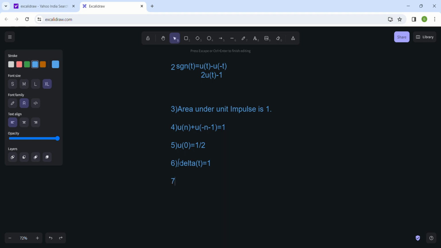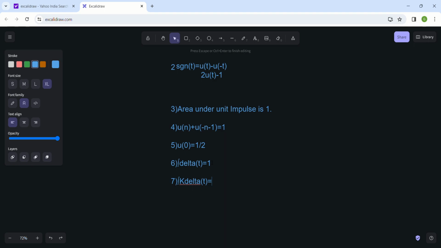Now if I multiply with some constant, let's say I am multiplying with constant k into delta of t, which means in the sixth equation the area under the delta function equals 1.